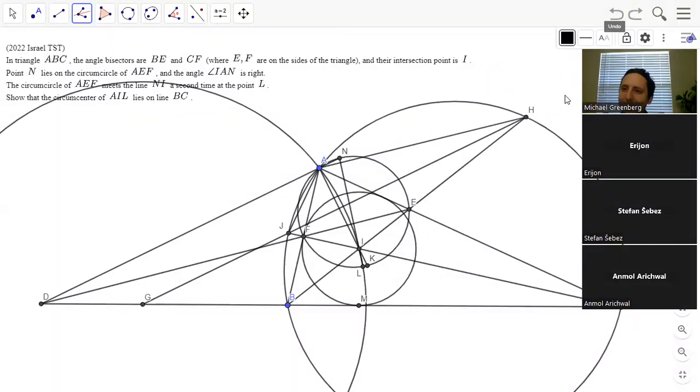So yeah, let me look on Discord because I know I did this in the past. I'll see if I can remember the proof instead of looking it up. But I think I proved there that GA was tangent. Pretty sure. I might have used some similar triangle in the process, which I don't remember.